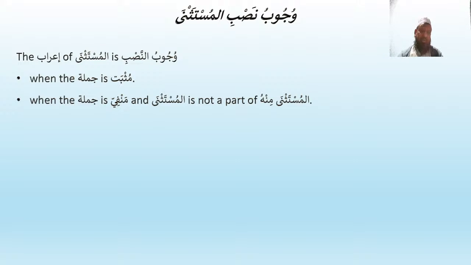All you have to remember is, is the jumla muthbat? If it is, then yes, after illa we'll make the ism in mansub case. And we look, is the jumla manfi? If it's manfi, again, we can make wujub nasb, but also if we see the mustasna is not part of mustasna minhu, in both cases it will be wujub.